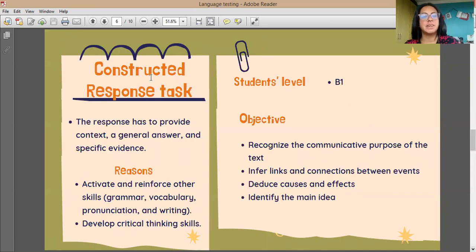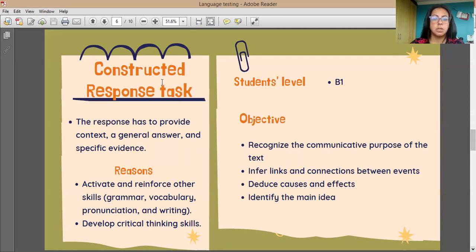Then I have the constructed response task. So the student's level is also B1. And in this constructed response task, the response has to provide context, general answer, specific evidence. So the student has to look again in the text if he needs to, and then answer by explaining, describing, giving arguments.